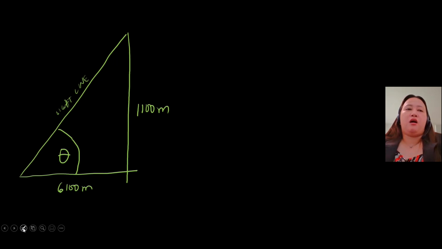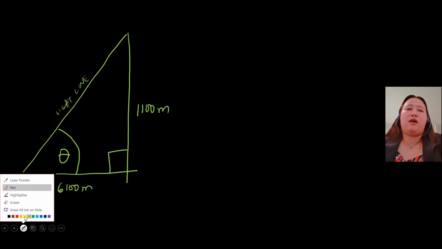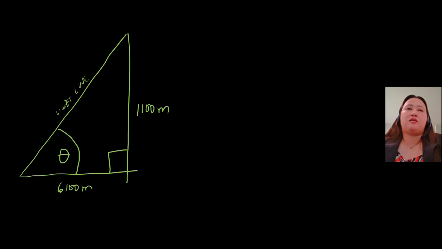Now, since we already have here the right triangle, what we need to identify now are the sides. So what is 1,100 meters? Knowing that we have a theta here, it is opposite the angle. Therefore, this is our opposite. 6,100 meters is beside the angle.